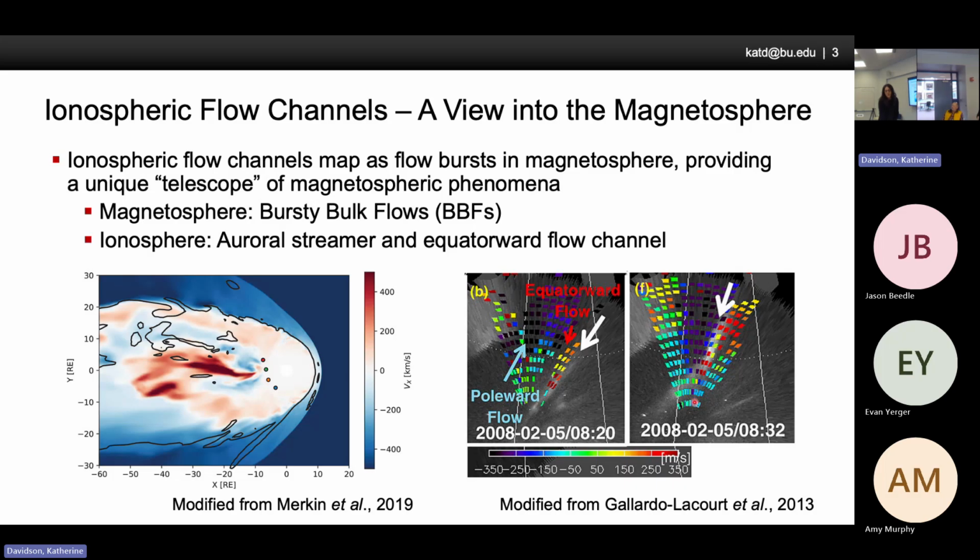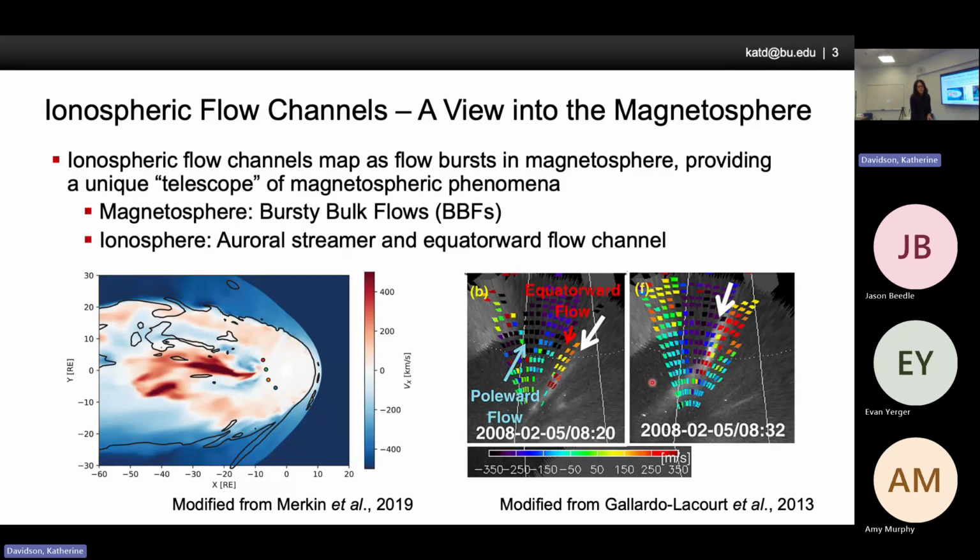This is a north-south aligned arc, as you can see in the auroral image here. And accompanying that streamer is an equatorward flow channel that's seen in this red burst of flows from radar data here. So an equatorward flow channel maps down into the magnetosphere as an earthward flow channel.